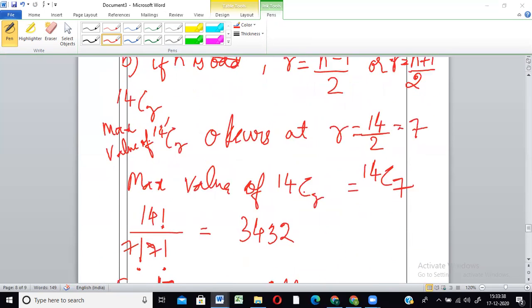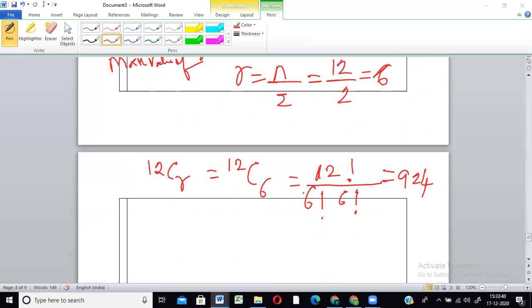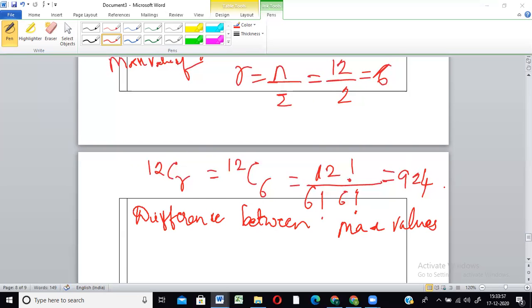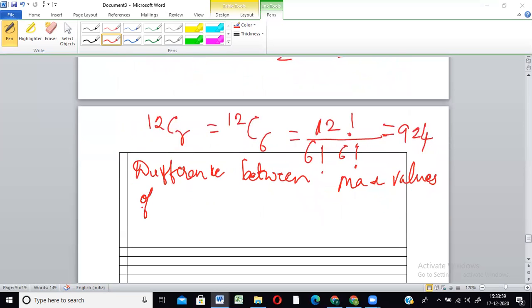Of course, difference means we're going to subtract. So the difference between the maximum values of 14CR and 12CR is nothing but just subtract 3432 minus 924.